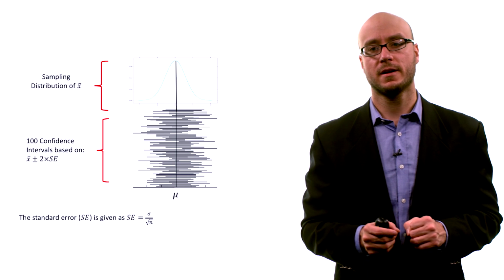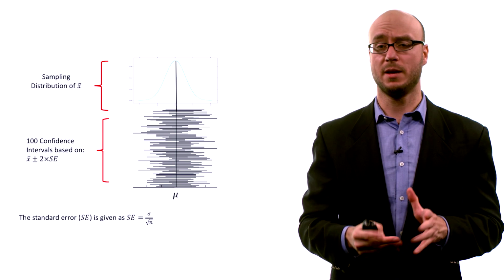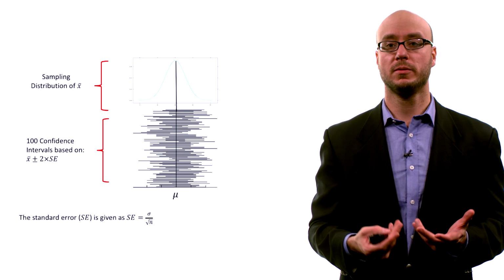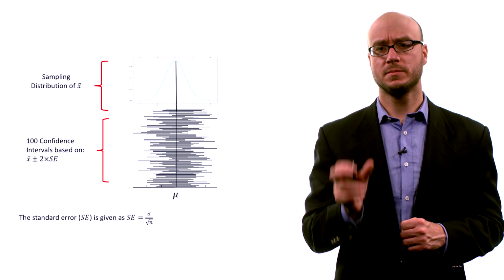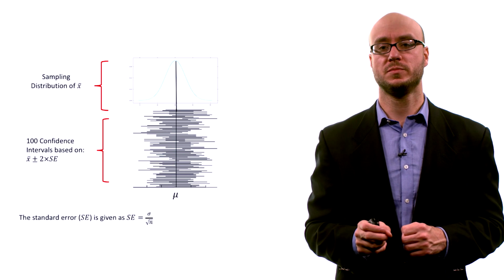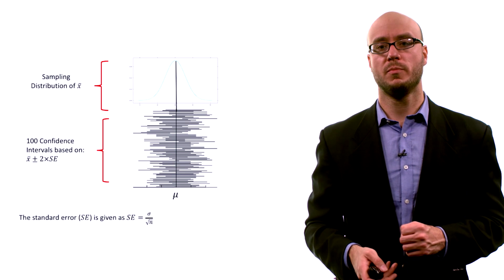The key point here is that this population mean mu stays the same. There's one population mean mu, which we don't know. And you can see sometimes those interval estimates include the population mean, and other times they don't, because the sample means are bouncing around.